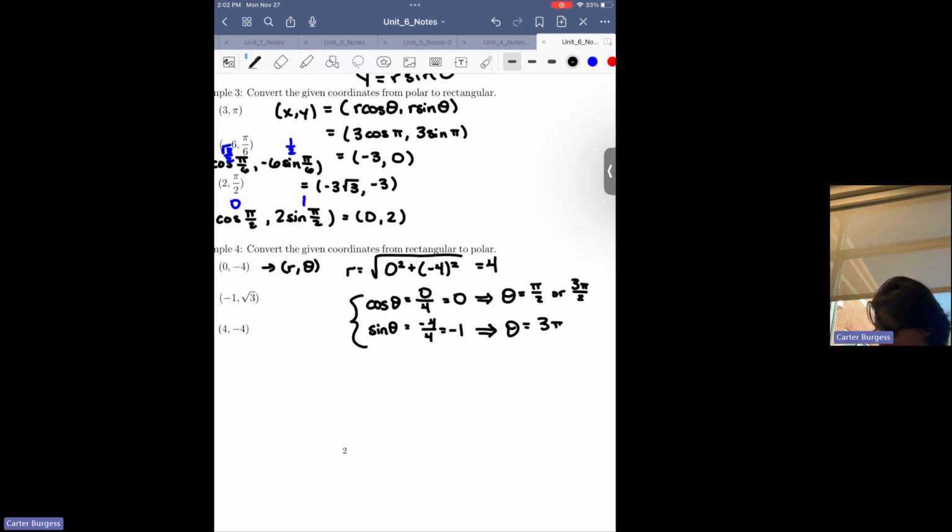That's going to be 3 pi over 2. And so notice 3 pi over 2 shows up twice, and so is going to be our actual theta that we will use here. And so our point, r comma theta, is 4 comma 3 pi over 2.